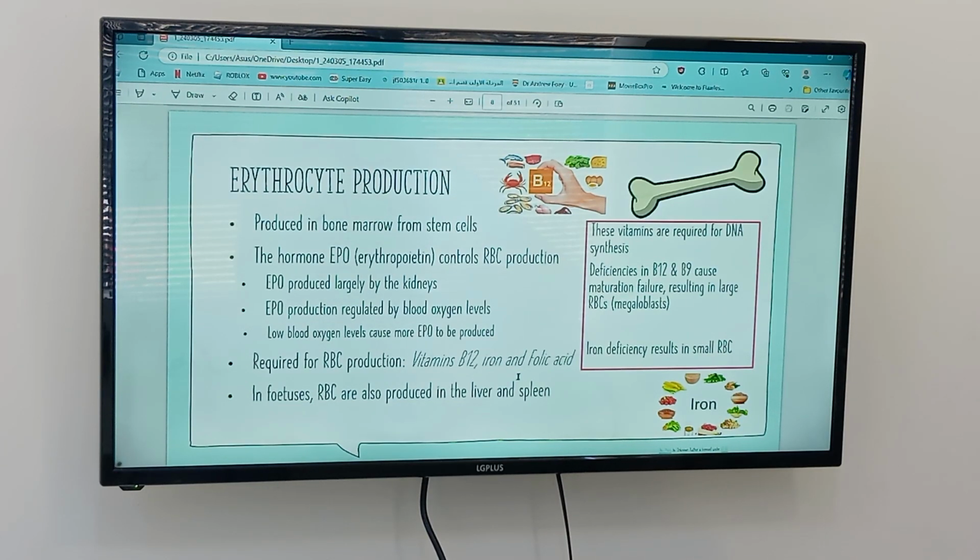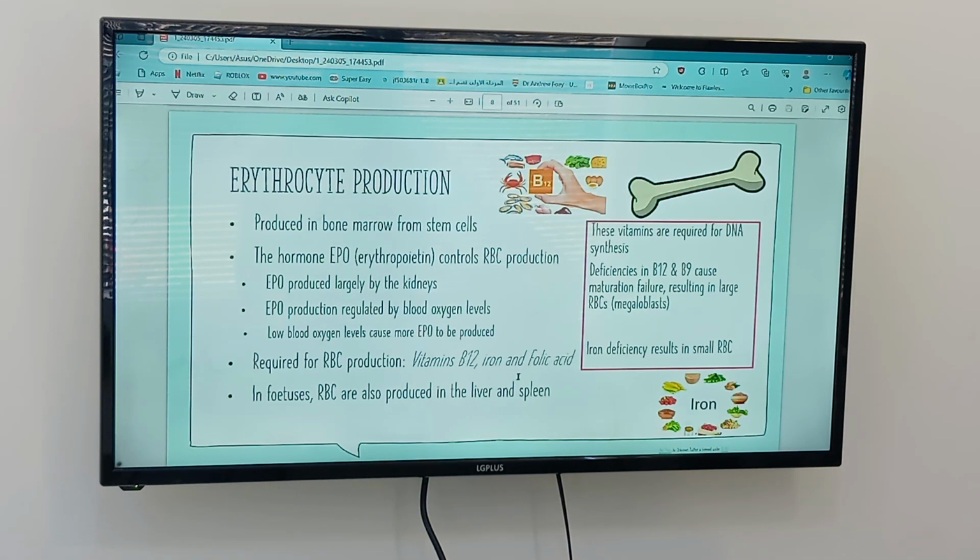What is the production of erythrocytes? It's produced in bone marrow, as we know, from stem cells. The hormone EPO, erythropoietin, controls RBC production.